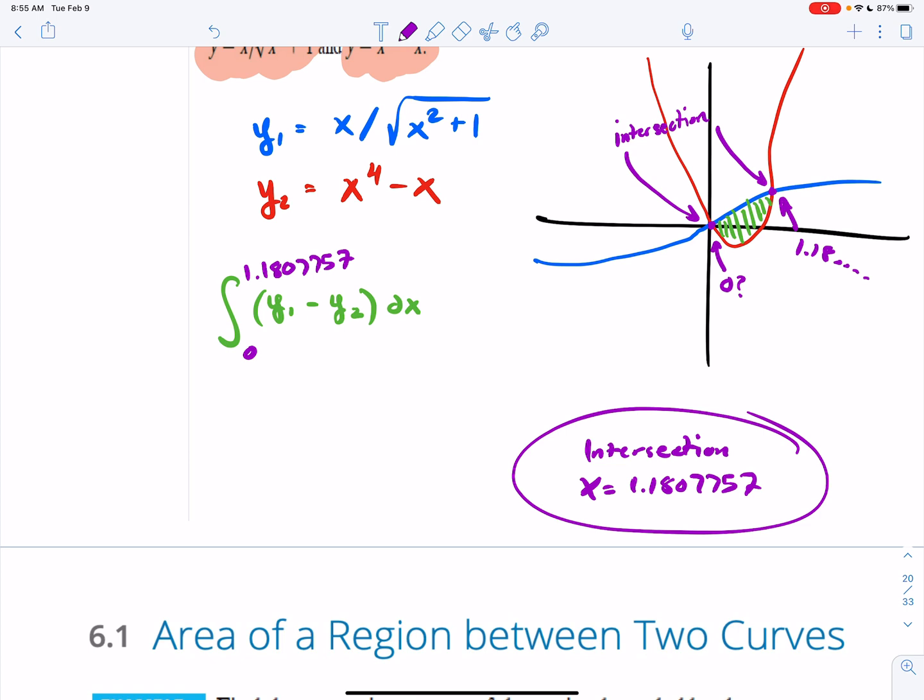This next part here is optional, but a lot of the students use it. Let's say you found an intersection and it was this really lengthy decimal. On your screen, you should be seeing this right now.